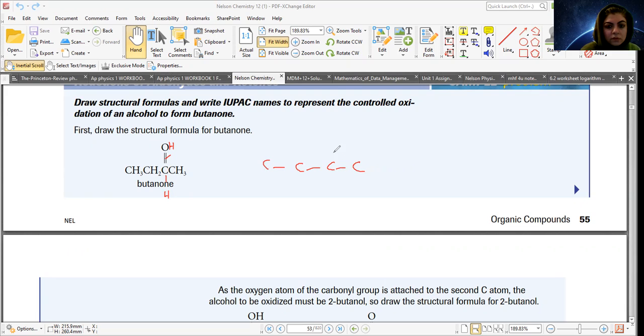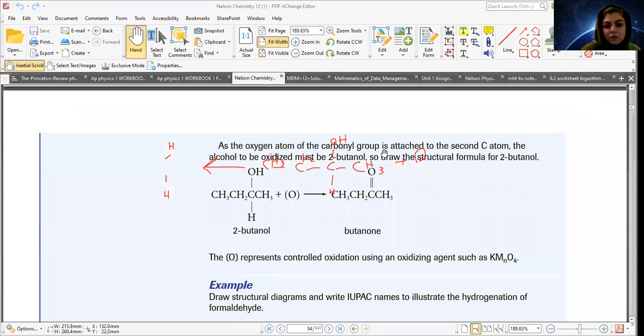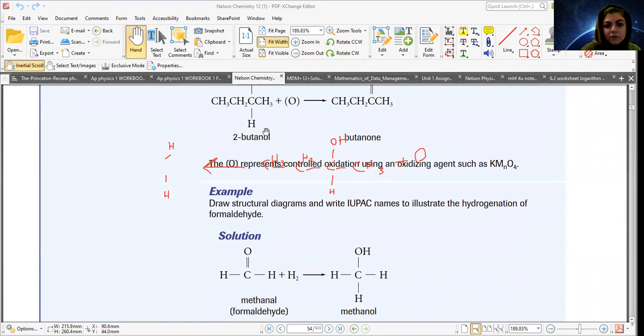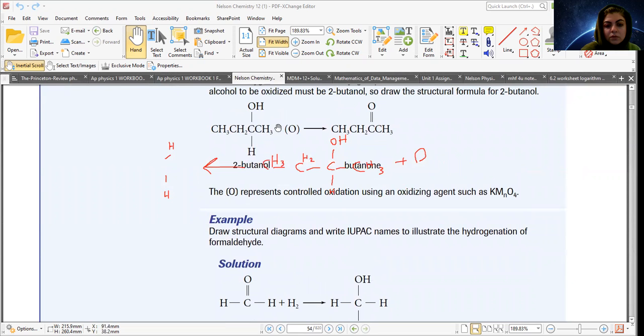On this one, you have OH and H. The rest of them is automatic. You have a CH2, you have a CH3, and this is CH3. So this is the alcohol you need to go under the oxidation to give you this ketone. You see, that is what I have here. This is the 2-butanol plus oxygen, gives you that.